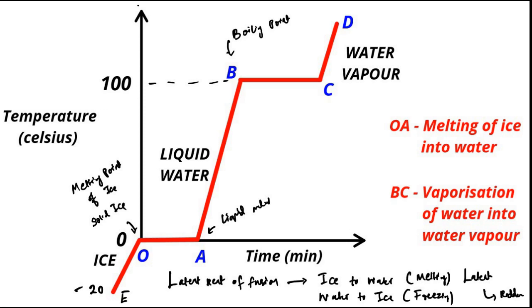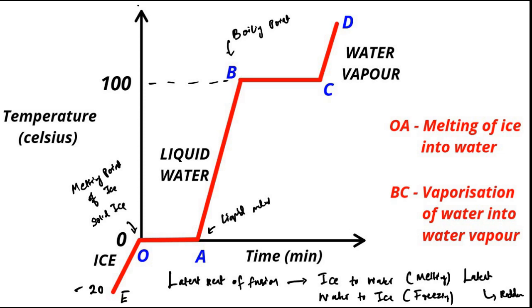Now when the temperature rises up to 100 degrees Celsius, beyond this point B, it remains constant, similar to OA. It remains constant, flat, it does not increase.